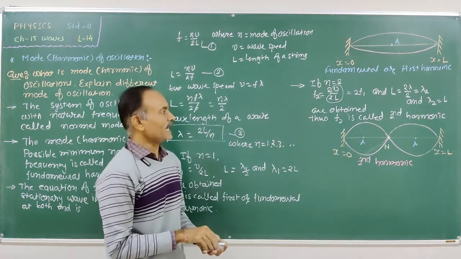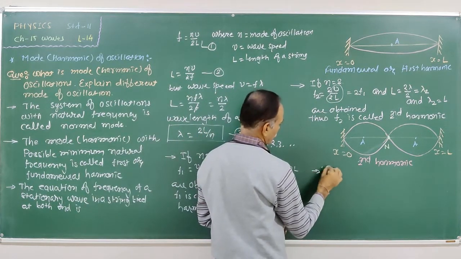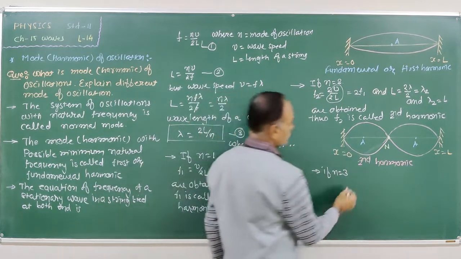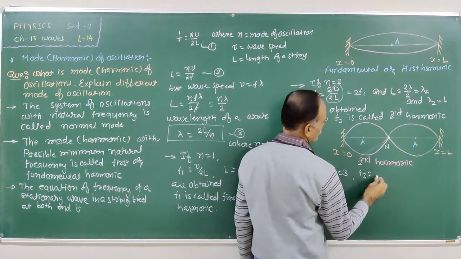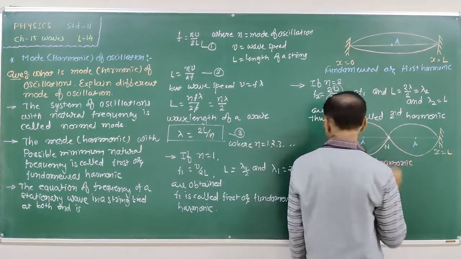And as we take n is equal to 3, therefore f3 is equal to 3f1.